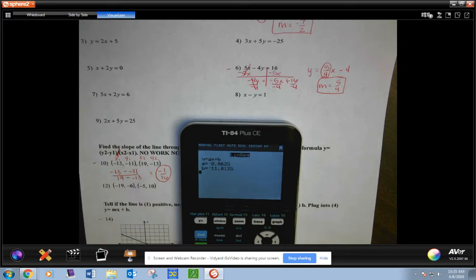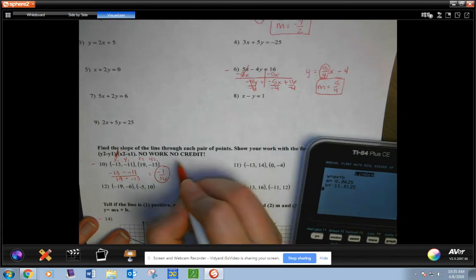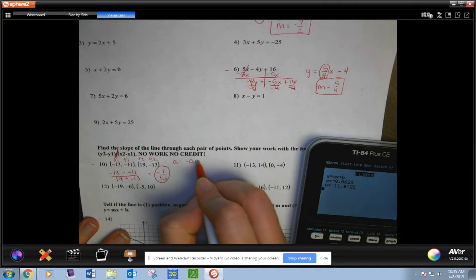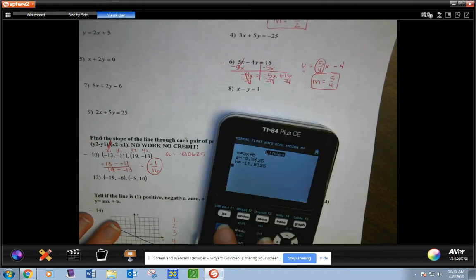And then they give you that the slope is a equals negative 0.0625, which if you do, let's see if this will work, negative 0.0625, math, enter.